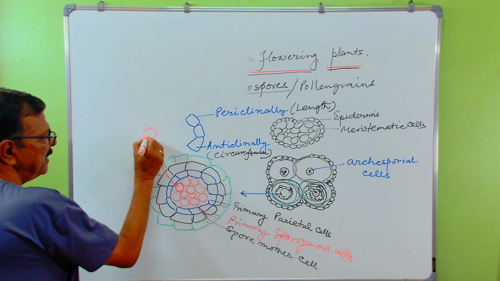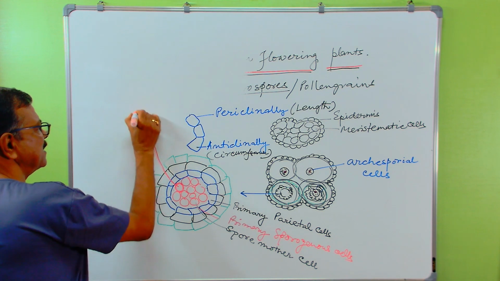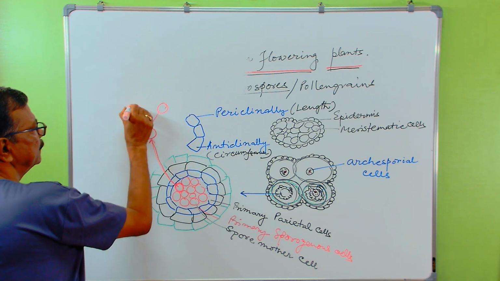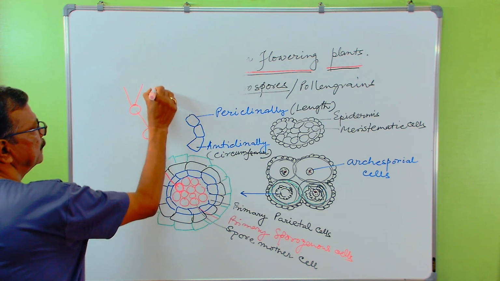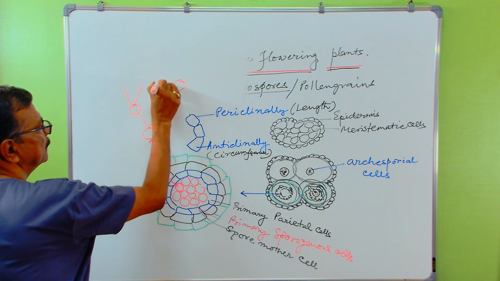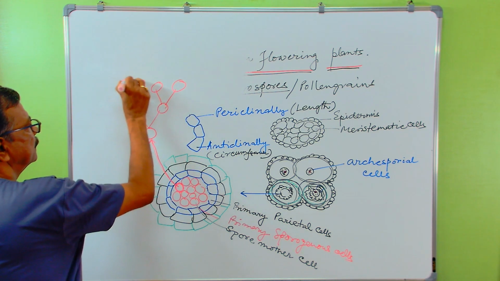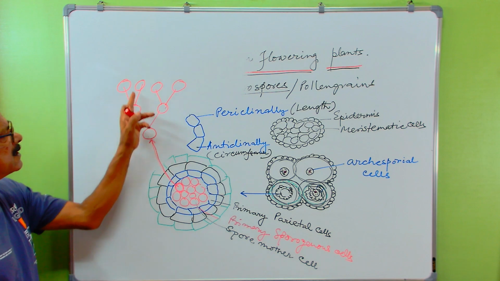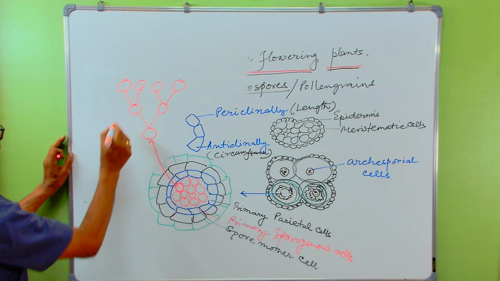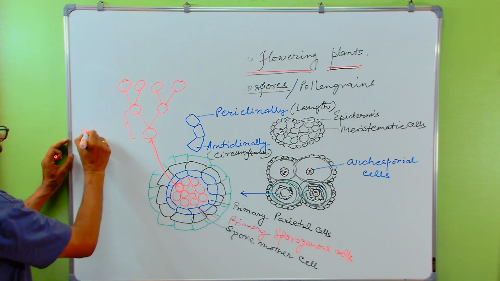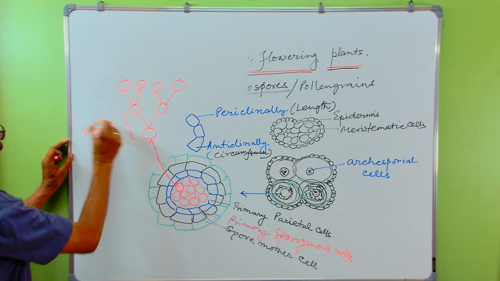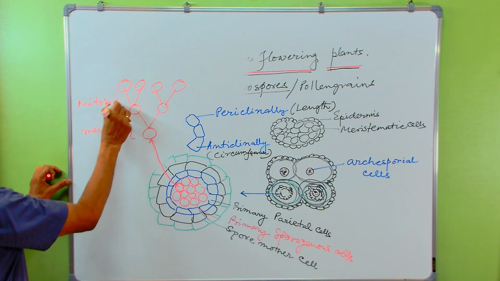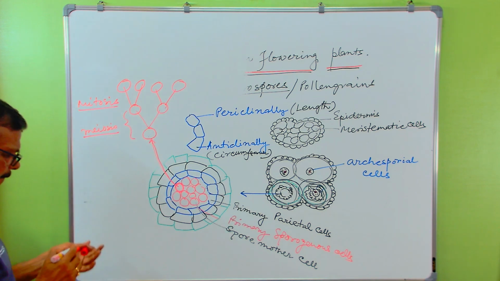Here, these spore mother cells undergo two successive divisions. The first division is meiosis, and the second division is mitosis. Very important.